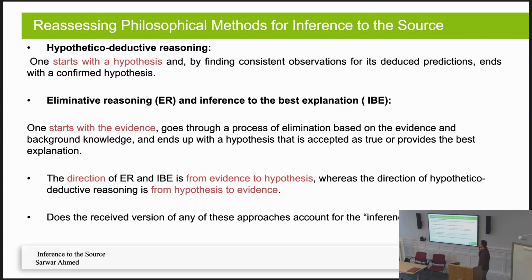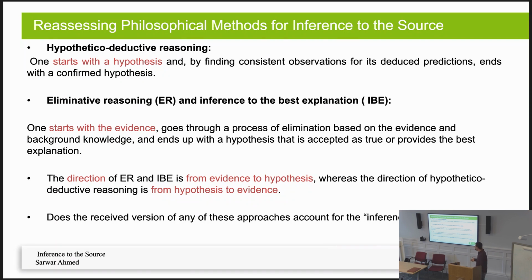So many people have talked about it, but I'll just give you a very short illustration of different methods. I'm sure that all of you know about this. If we talk about hypothetical deductivism, one normally starts with the hypotheses and then finds consistent observations for its deduced predictions, and with that the hypothesis is confirmed.